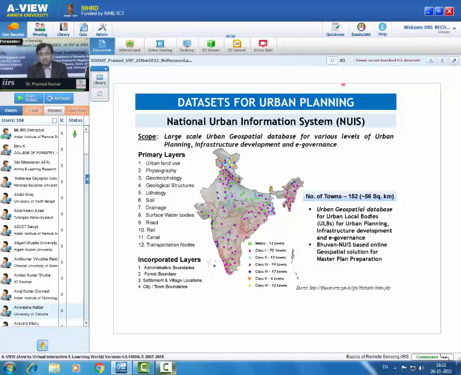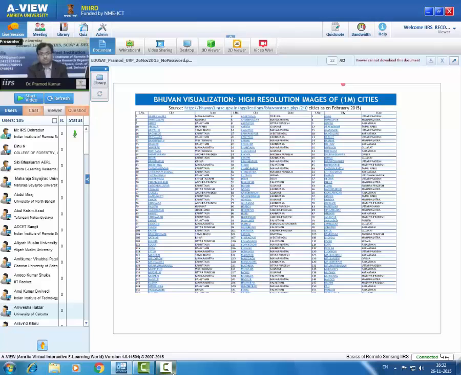This data is available for 152 towns spread across, as I told in the beginning, the 6th category of urban settlements. Now, as I told, we have a variety of data sources, and in ISRO's Bhuvan web portal, we have as of now more than 300 cities. The database at 1 meter resolution is available.